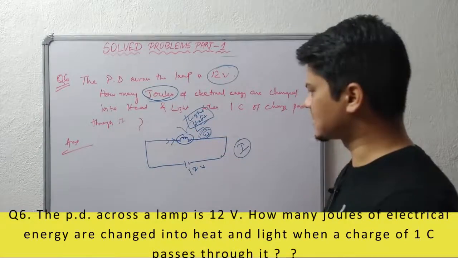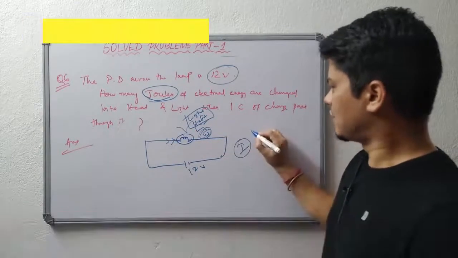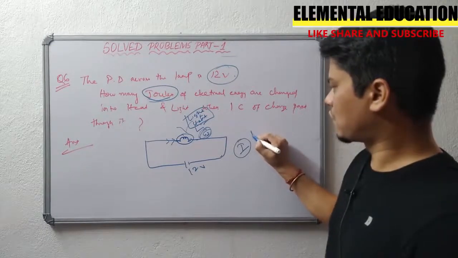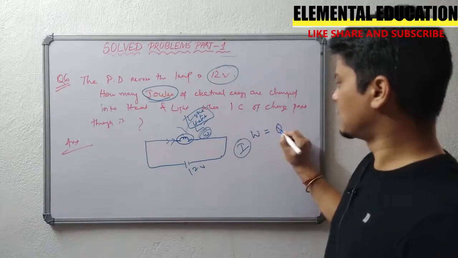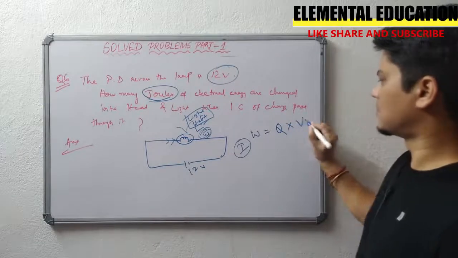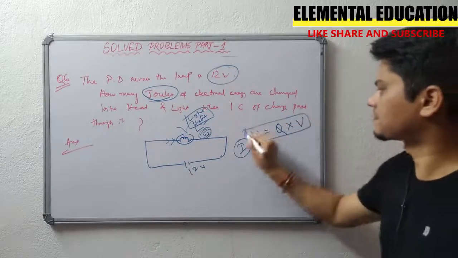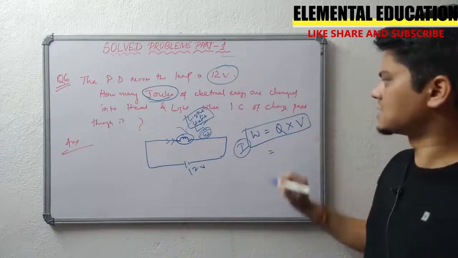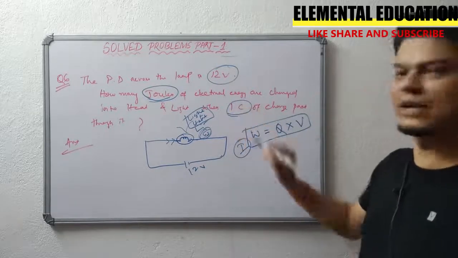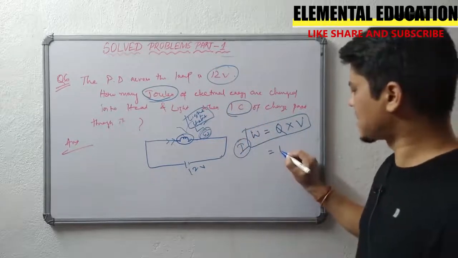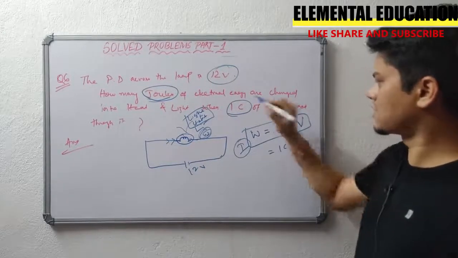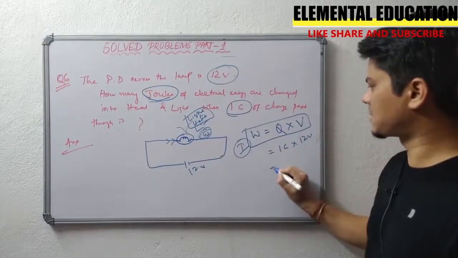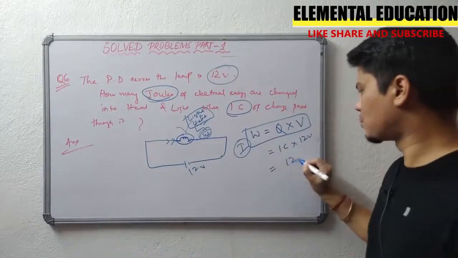How to approach that? We have already known this formula: work done equal to charge into potential difference. Charge of 1 coulomb is given in the question. So charge is 1 coulomb, potential difference is 12 volt. That means work done is 12 joules.